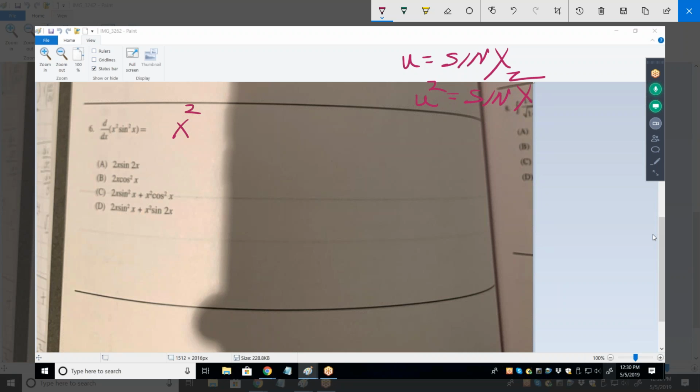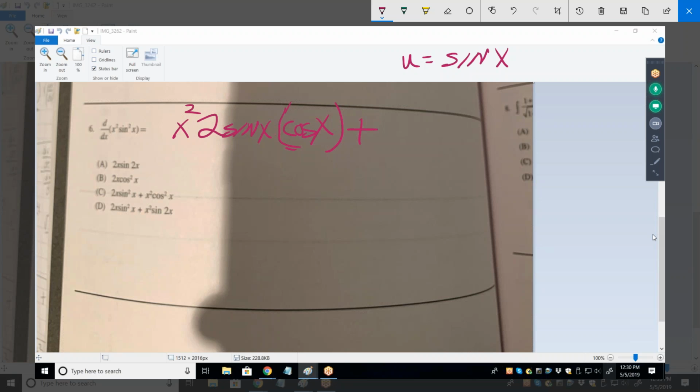Well, u squared would be 2u. So that's 2 sine x. Now you need du. 2 sine x times cosine x. Right. That's the first part of the product rule.